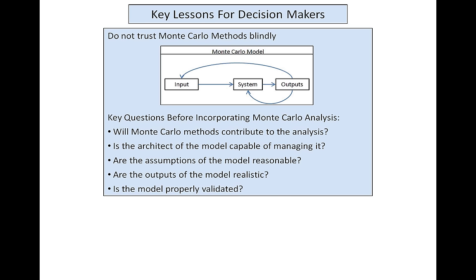And this is very important within the context of this table here, where what these people will do is they'll look at the outputs and they'll actually try to drive the system. That is, instead of questioning the assumptions of the model and looking at the realism of the outputs, they'll try to drive the system to what they think is reasonable.